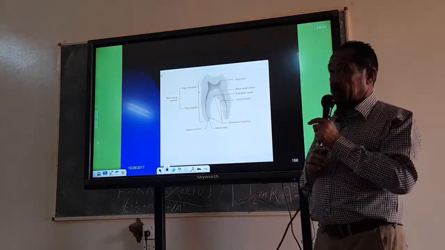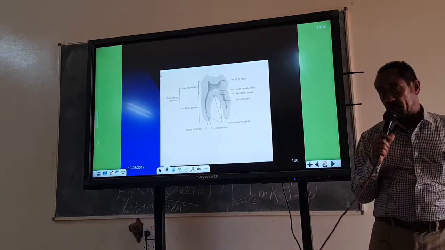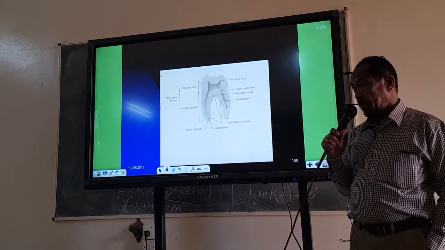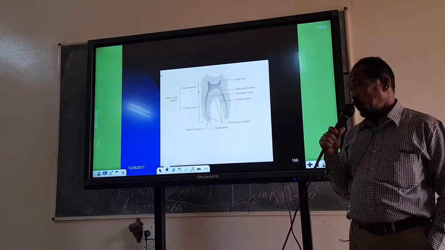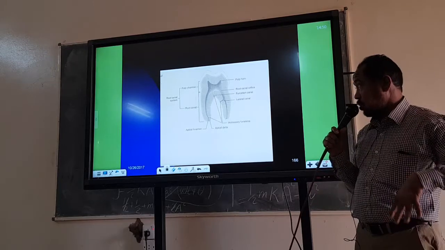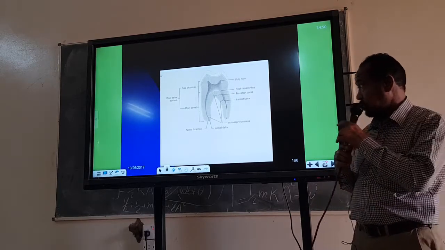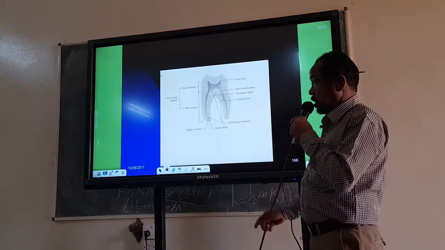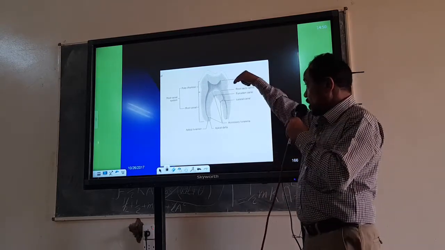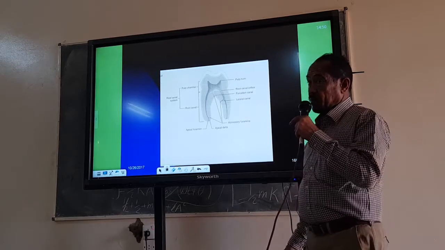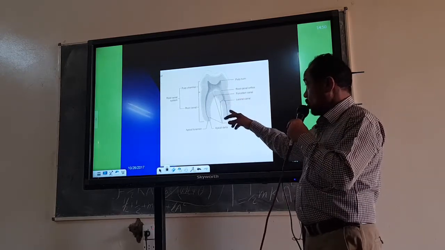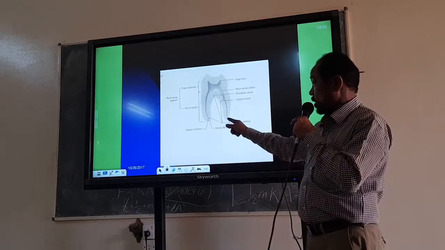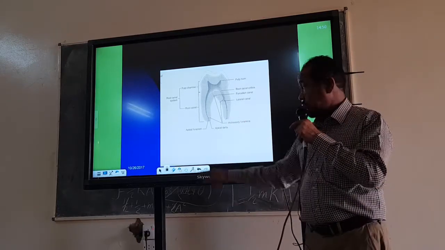طيب this is the pulp space morphology. قلنا الpulp space in the crown what do we call it? Chamber. In the root we call it root canal. كلهم مع بعض اللي هم pulp cavity or pulp space. What are these? بتكون in the cusp or the incisal edge, and then at the floor we have orifice. It leads into canal. Root canal, and the root canal ends at the opening here اسمه apical foramen.